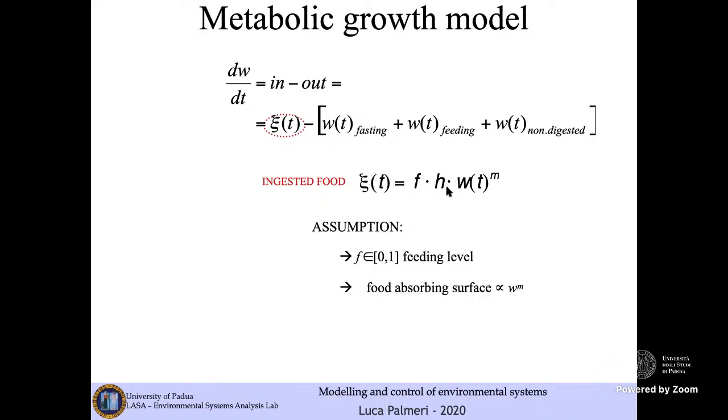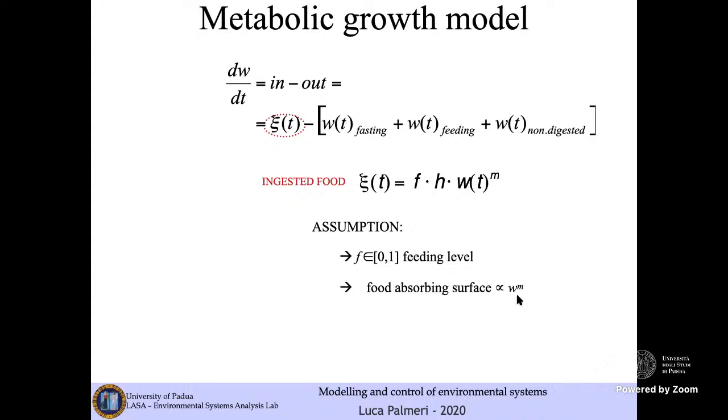Again, we include another constant, a generalization constant, and the very strong assumption in this description of ingested food is that the food absorbing surface is somehow proportional to the dimension of the organism, which may be the weight of the organism itself.